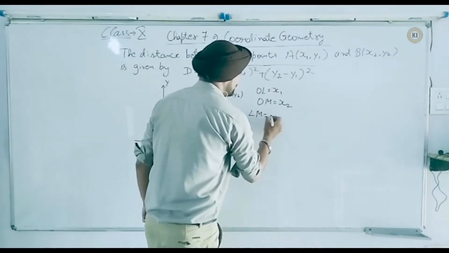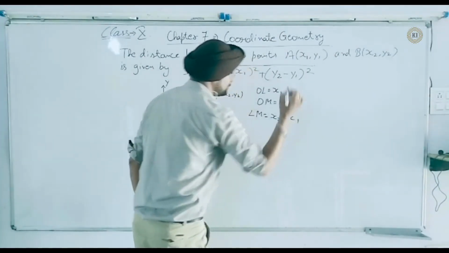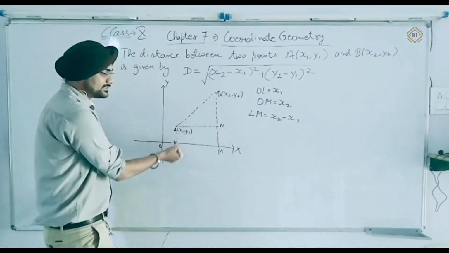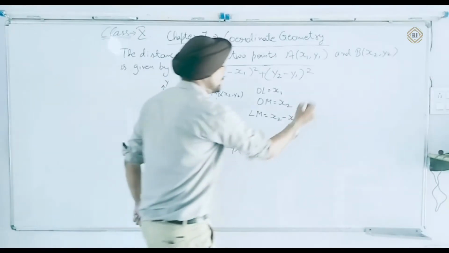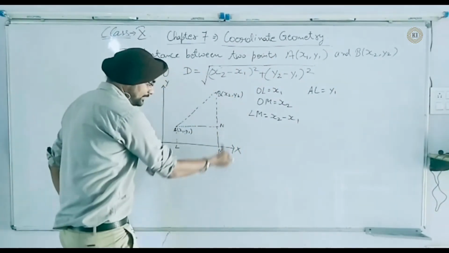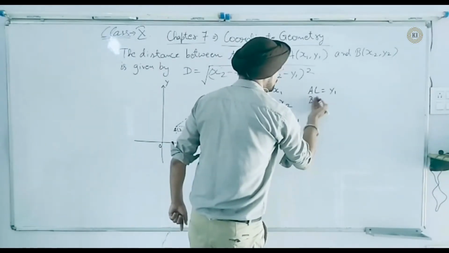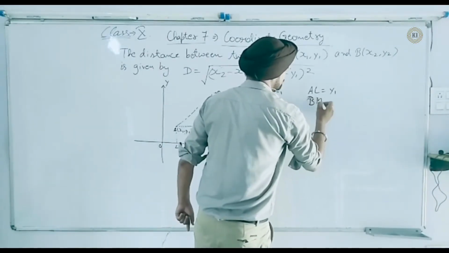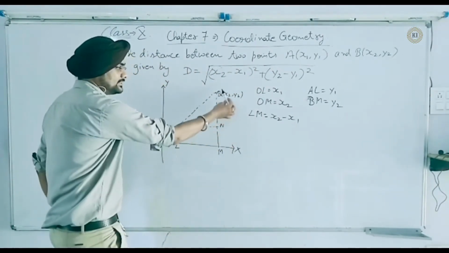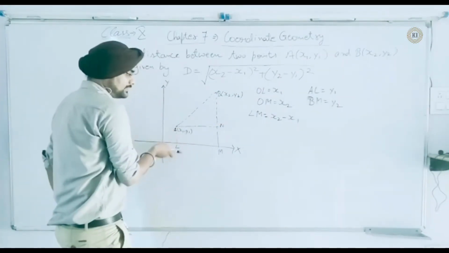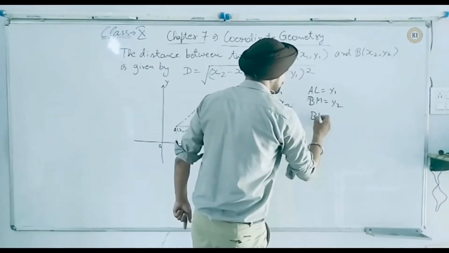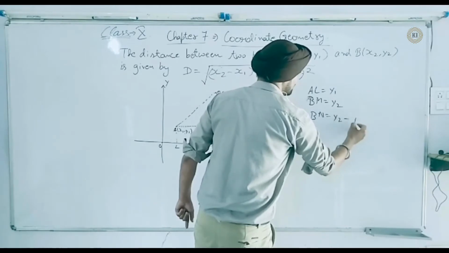Now AL lies on the y-axis, so this AL will be our y1. And BM will be y2. This distance BN: this total is y2, this part is y1, so BN will be y2 minus y1.